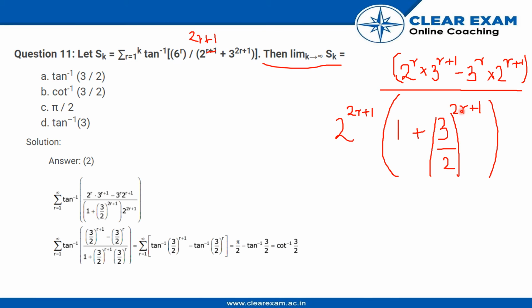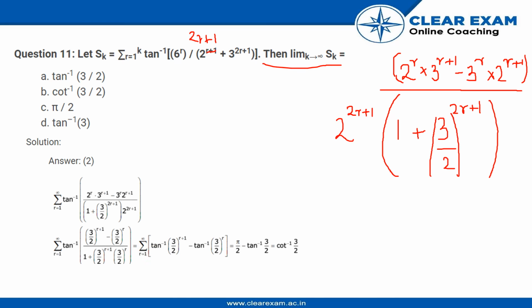So I split that again to get 3 by 2 raised to r plus 1 into 3 by 2 raised to r, because indices says if we have the same term raised to different powers, we can take the term common and just add the powers. So we can see that this is a tan inverse formula which boils down to the summation r equal to 1 to infinity of tan inverse of 3 by 2 raised to r plus 1 minus tan inverse of 3 by 2 raised to r. This is the tan inverse of a minus tan inverse of b formula.